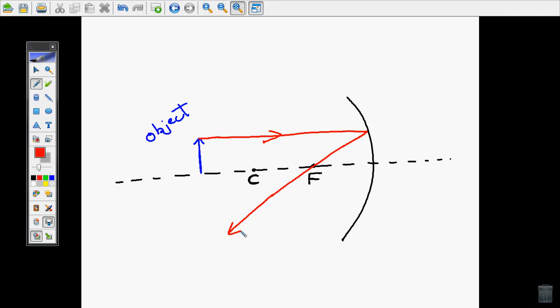And what's the second ray I want to draw? Through the focal point. And what is that light ray going to do? It bounces back parallel to the principal axis.